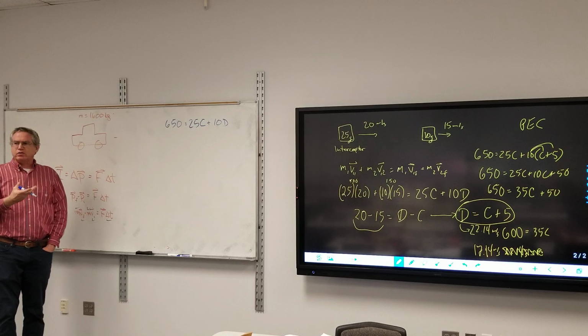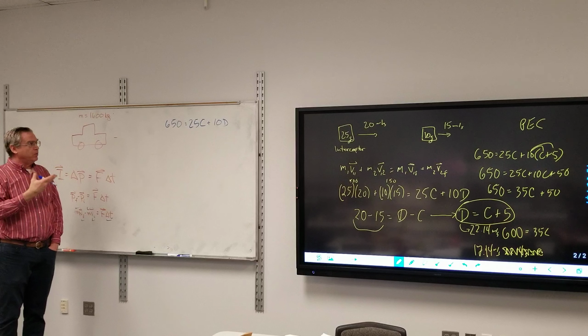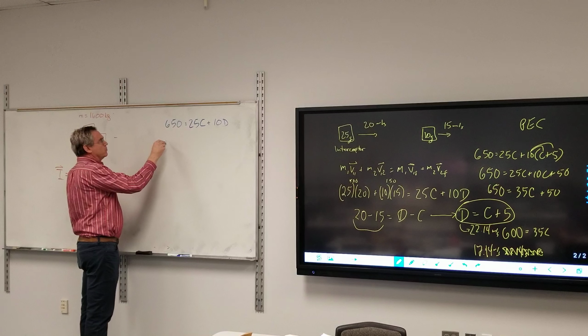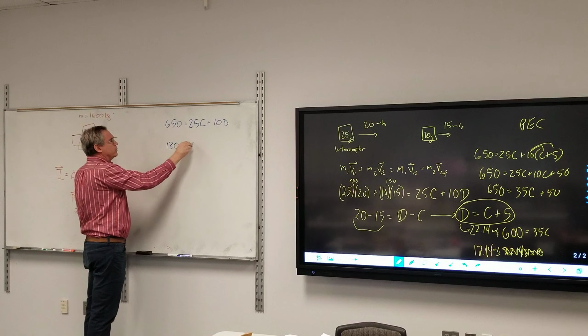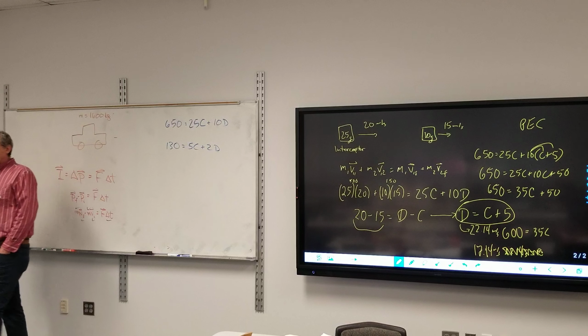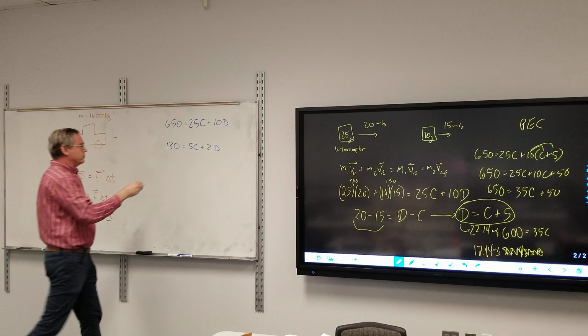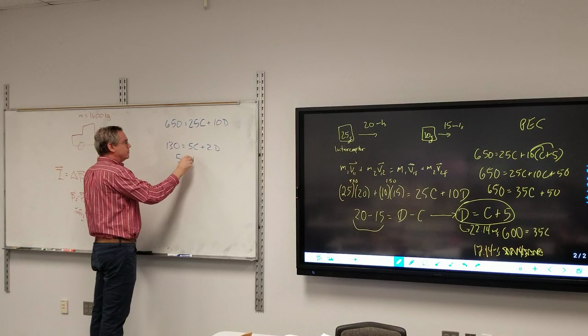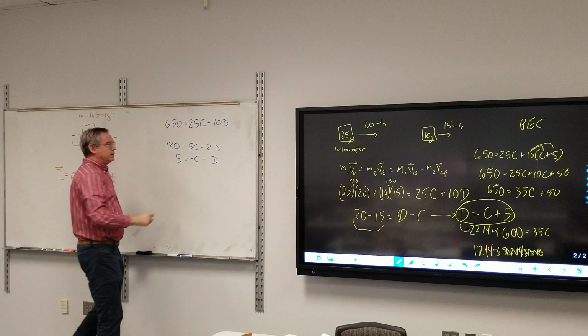We can simplify this if you want to, just divide everything by 5, they're all multiples of 5. And so we get 130 is equal to 5C plus 2D, optional step. The other equation we have is 5 equals D minus C, or just to line them up, negative C plus D.